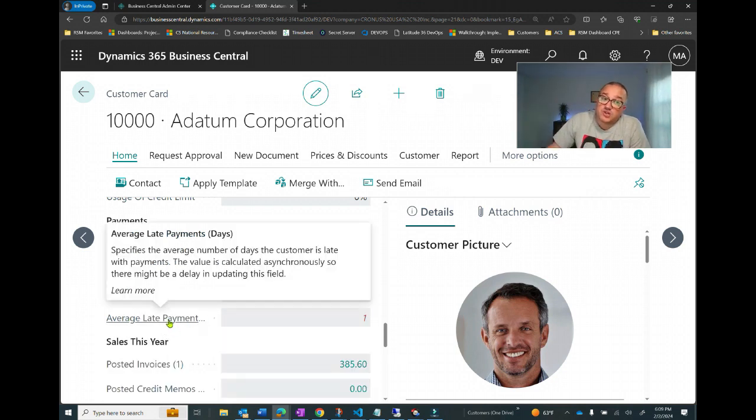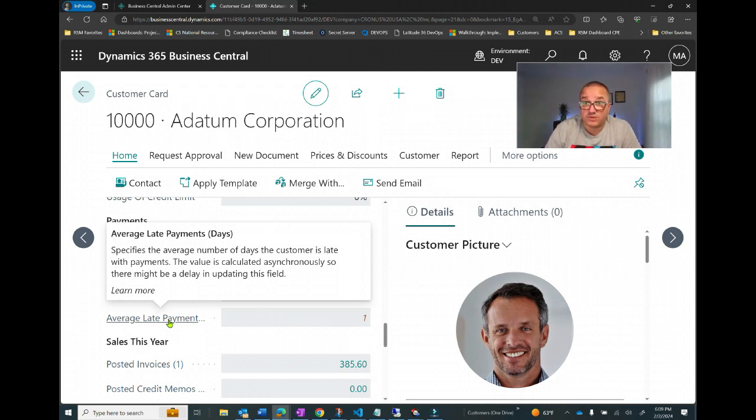What about the average late payments? Well, in the same use case, February 1st posting date, due date March 1st, paid on the 5th or on the 6th. That means it's paid in time, it's not a late payment. We can ignore the first one for the second field here, average late payment.